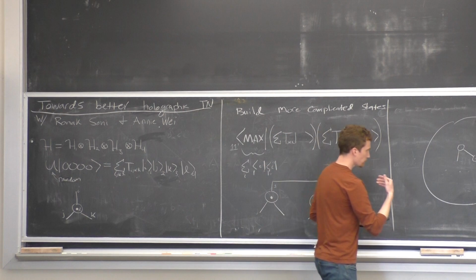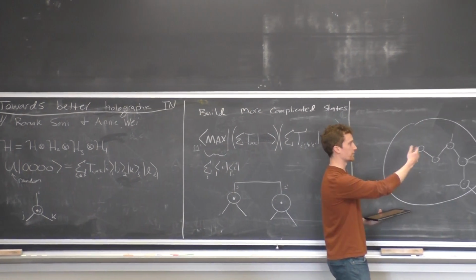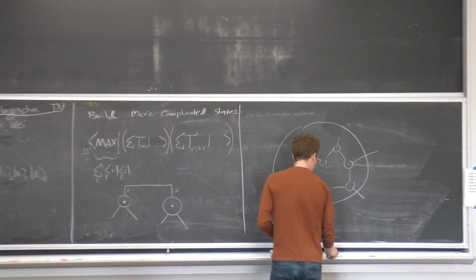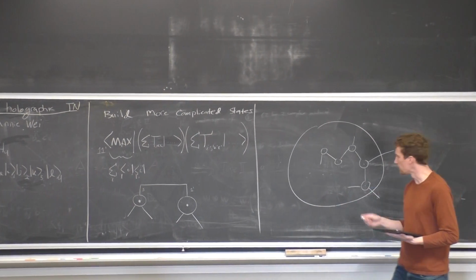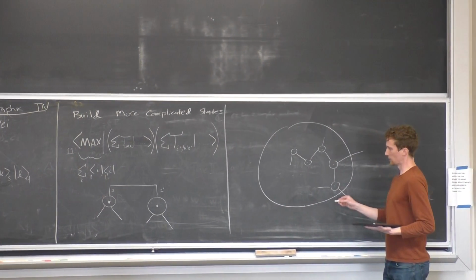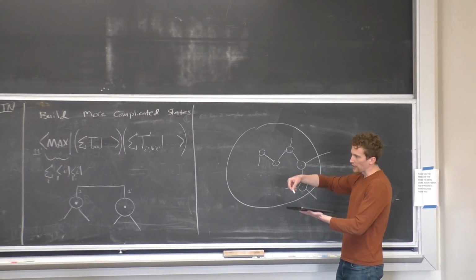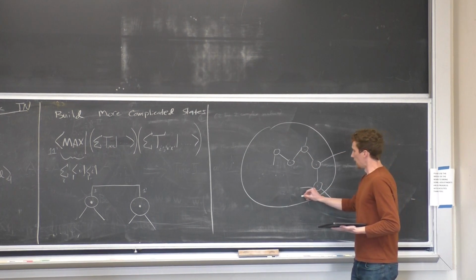You can construct even more complicated states, called tensor networks, by connecting a lot of these together. I've drawn this circle here to emphasize the geometries that we're interested in, which are basically filled with some tensor network arranged in some hyperbolic way, so that there are more and more tensors as you go outwards.